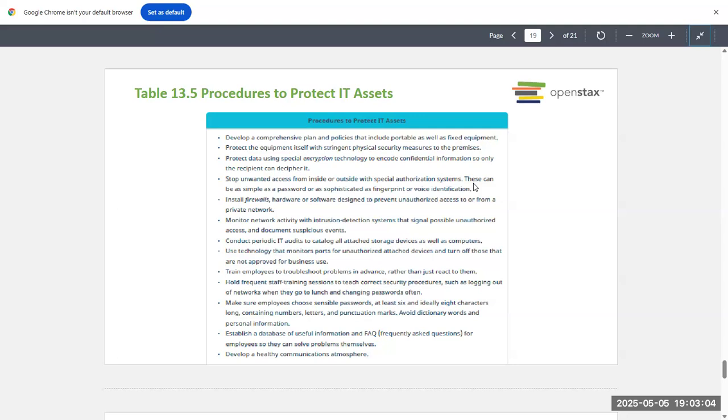Let's see, what else do we got? Periodic IT audits are good. Port monitoring for unauthorized devices. This is what Google does. If you log in from somewhere different, right? If you log in from the school computer, Google will send you a message to your phone saying, hey, was that your login? Facebook does this all the time. Instagram, Meta, right?